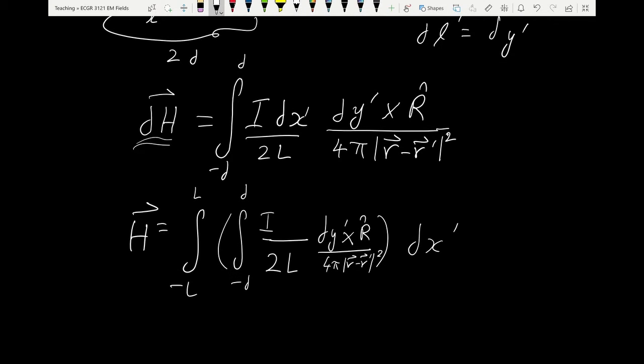Okay, so I have two integrals. I have an inner integral where I'm integrating with respect to dy prime, and then I have an outer integral where I'm integrating with respect to dx prime. And this is how you use the Biot-Savart law to do the integration for a sheet.